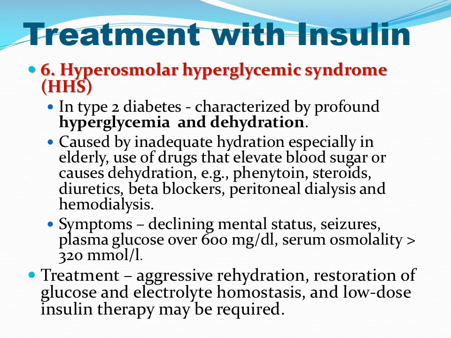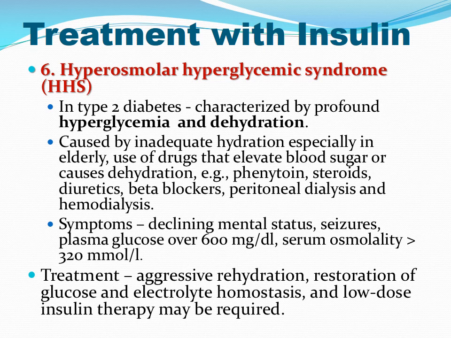Another use of insulin is in treatment of hyperosmolar hyperglycemic syndrome, which is associated with type 2 diabetes and characterized by profound hyperglycemia and dehydration. It is usually caused by inadequate hydration, especially in the elderly, or the use of drugs that elevate the blood glucose level, such as phenytoin, steroids, diuretics, beta blockers, and hemodialysis.